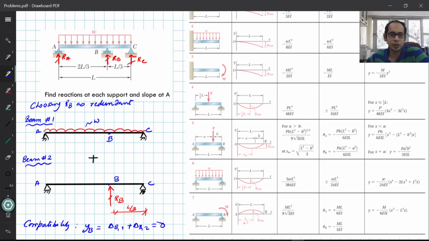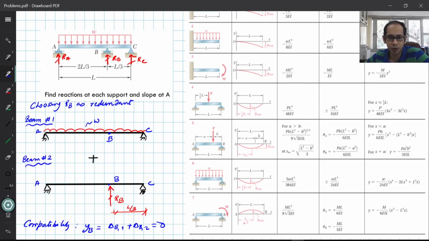And now you can easily use the tables to calculate the deflection at B. You can use this particular row, which gives you the equation of the elastic curve. If you put x equals 2L over 3, you will easily get this delta B1. Similarly for this one, which is the point load, you have to be careful: the point load is acting vertically upward.